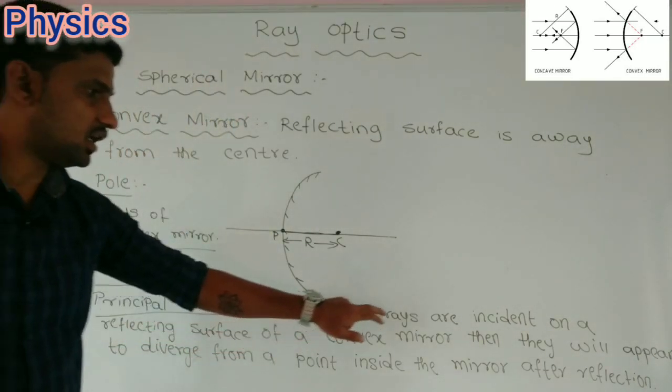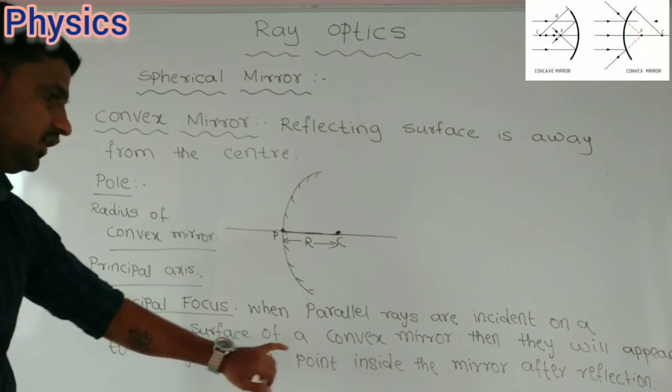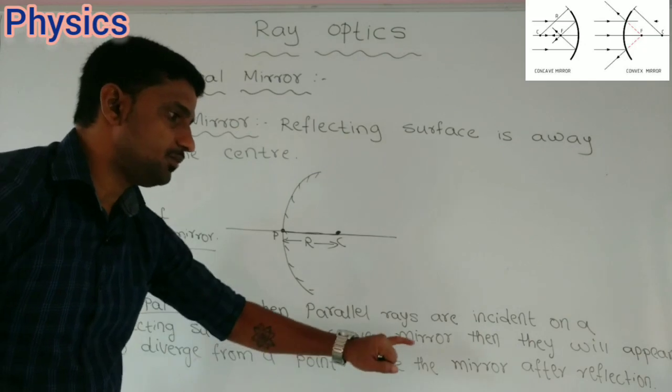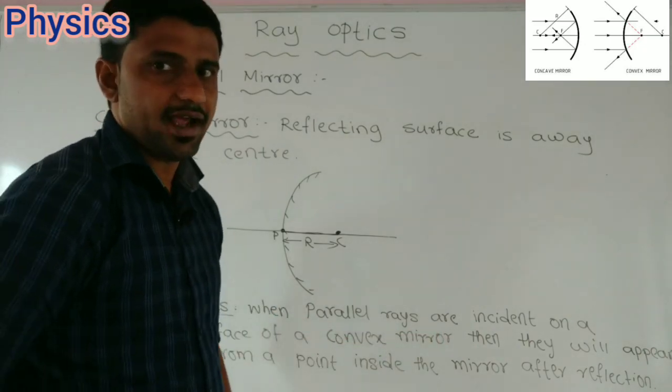So when parallel rays are incident on a reflecting surface of a convex mirror, they appear to diverge from a point inside the mirror after reflection. That is called the principal focus.